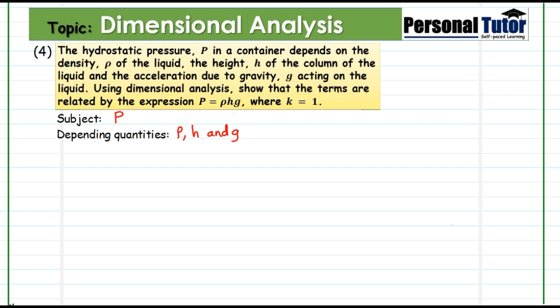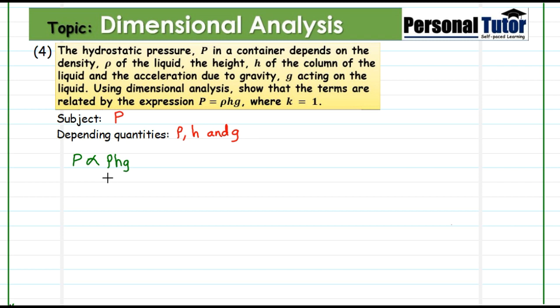With this, you build a relationship between the quantities, and that will mean P is directly proportional to rho h g, the product of the dependent quantities.